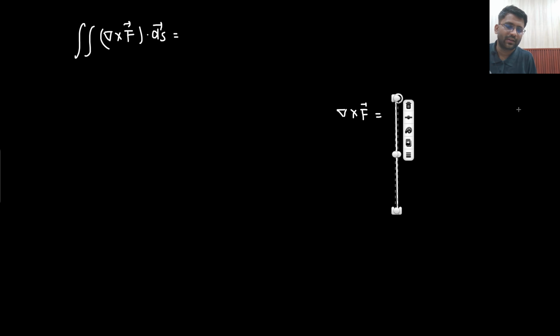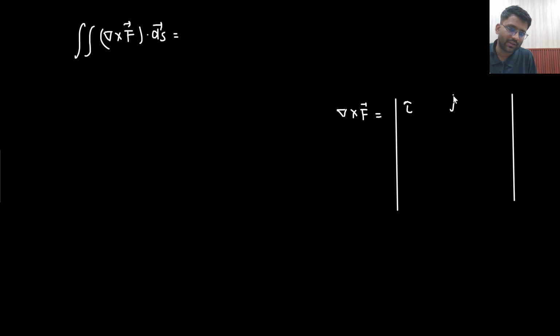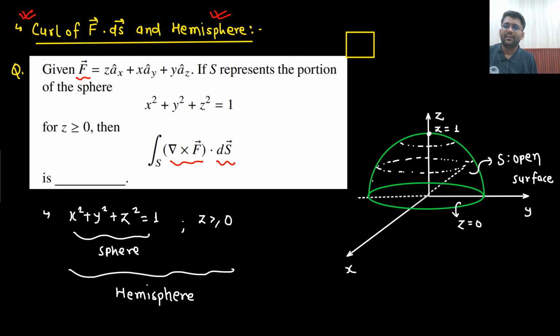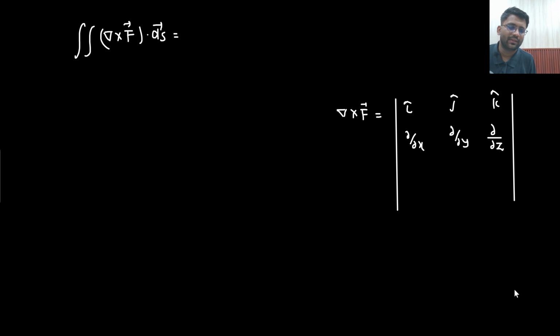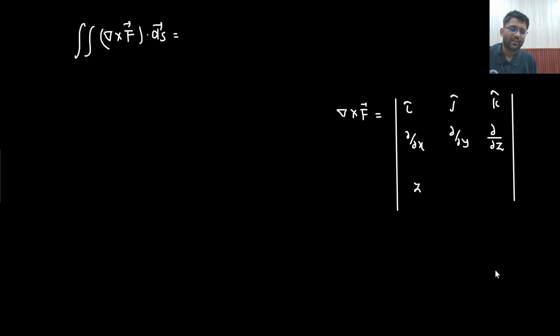The determinant with i cap, j cap, k cap, del by del x, del by del y, del by del z, and the components z x, y, z. What answer will you be getting?